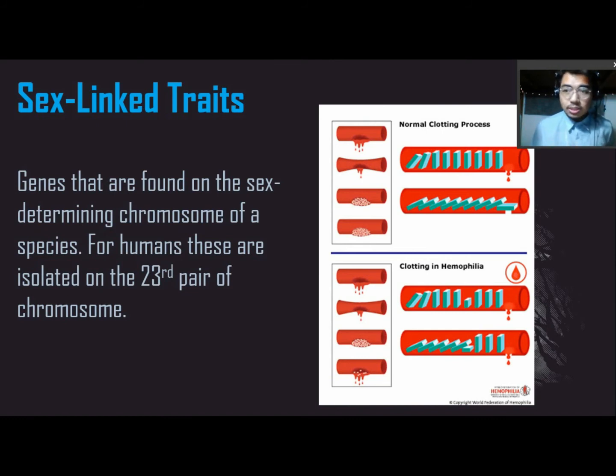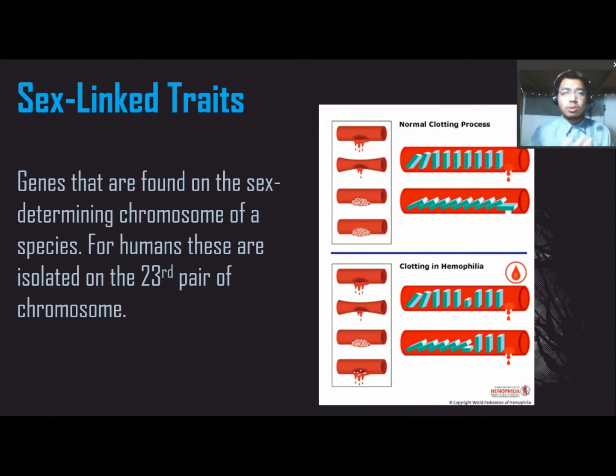So, for humans, these are present on the 23rd pair of chromosomes. Specifically, they are embedded in our X chromosome on the 23rd pair. Because there are actually very few characteristics present on the Y chromosome since it is only present among men. Okay? Among males.